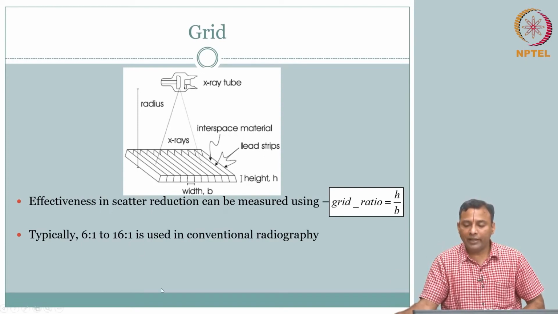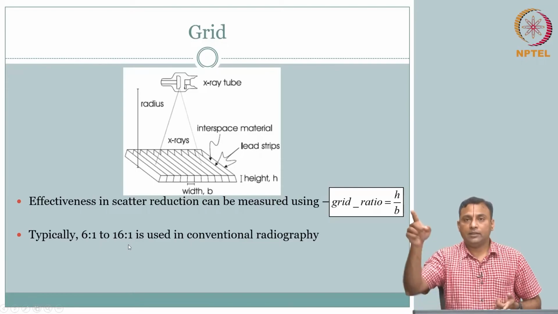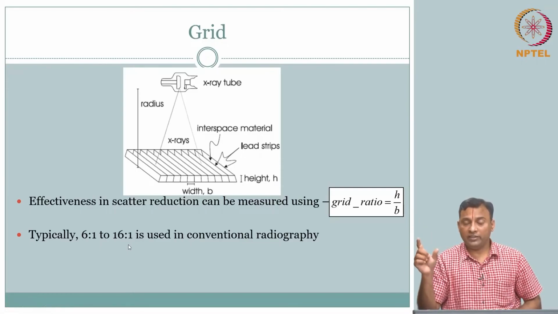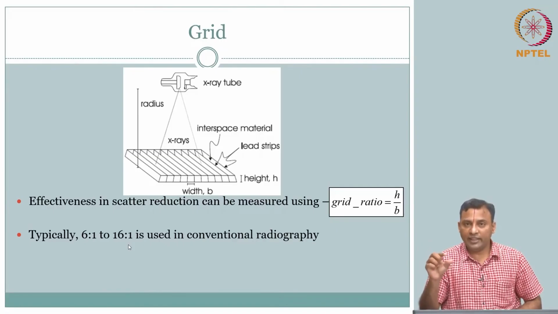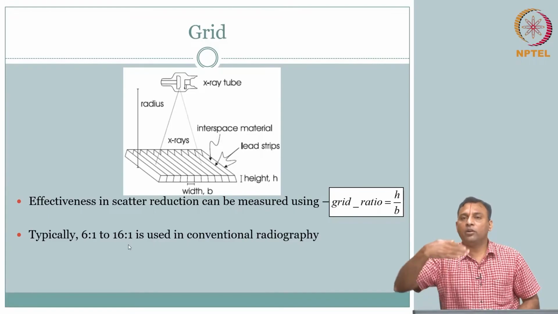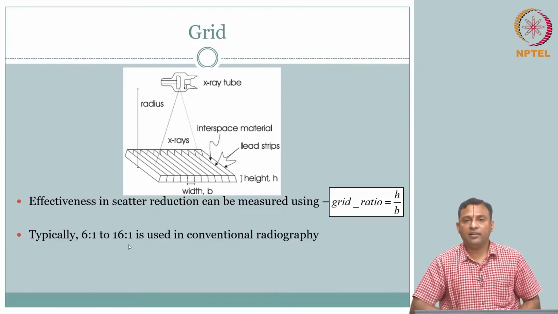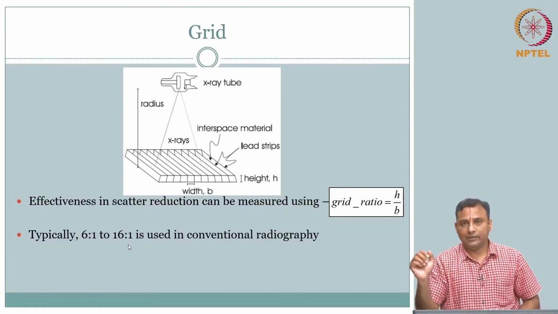So if you have a very large H, so the H by B ratio is large, that means you are going to be very strict. Or I can be tolerant, the H by B ratio can be small, which means I can allow a few more angles coming in, right? So you are essentially controlling how much Compton scattering you want to arrest.